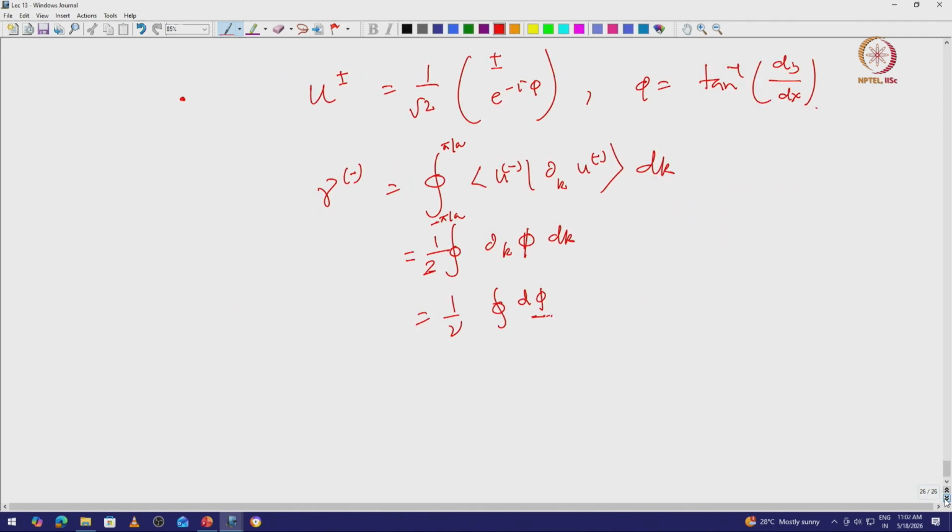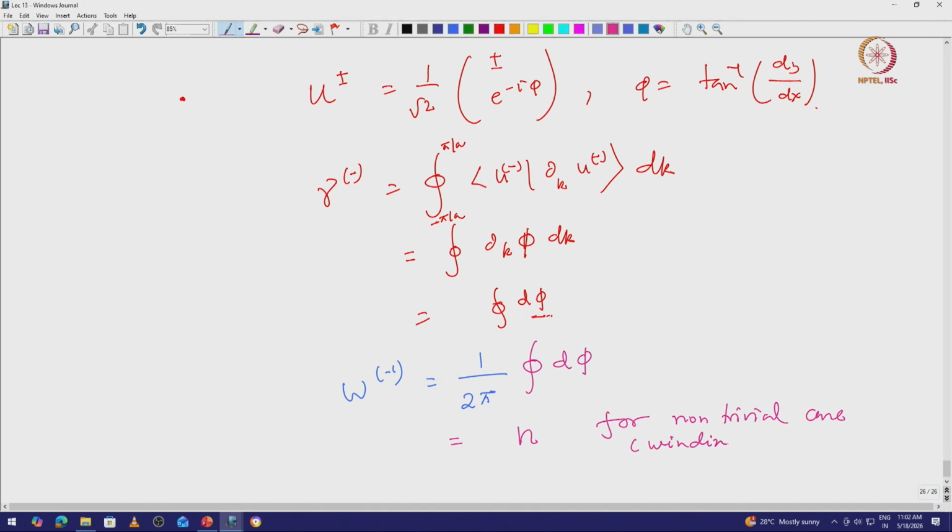So, what we can do is that we can just divide by pi, so this factor of 2 will go away. It will be 1 for the non-trivial case, or n, called the winding number, and equal to 0 for the trivial case.